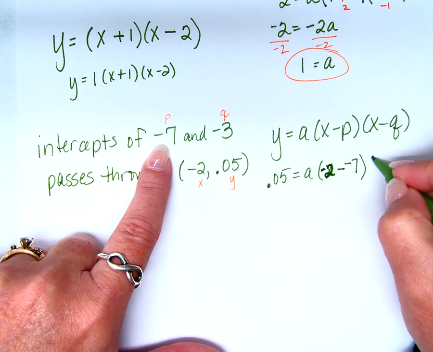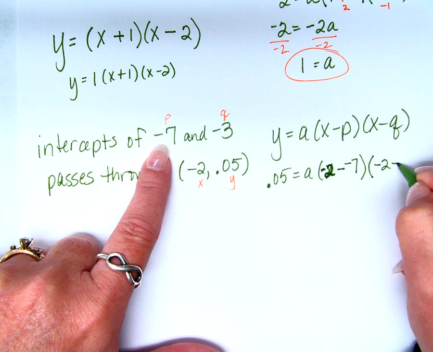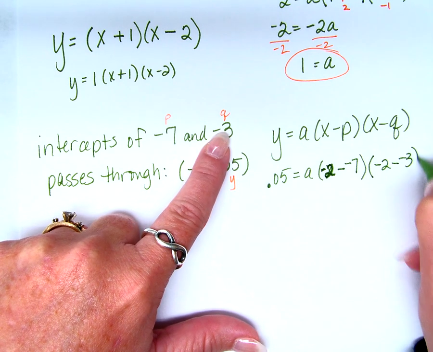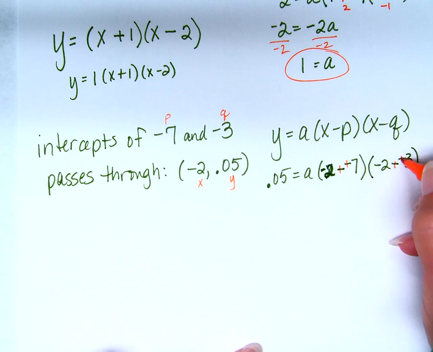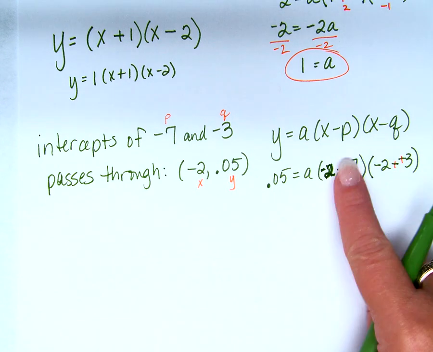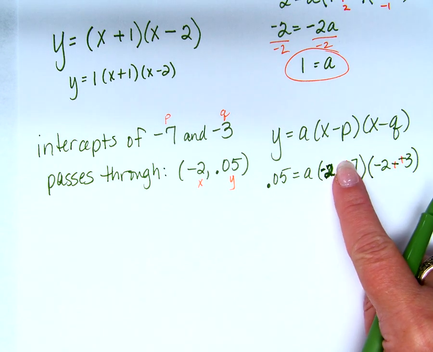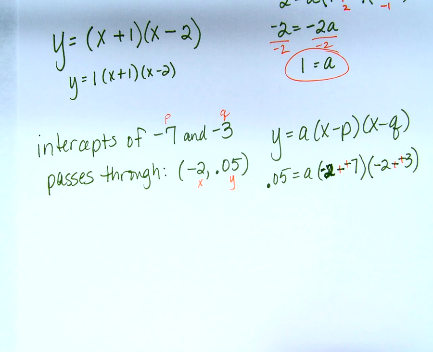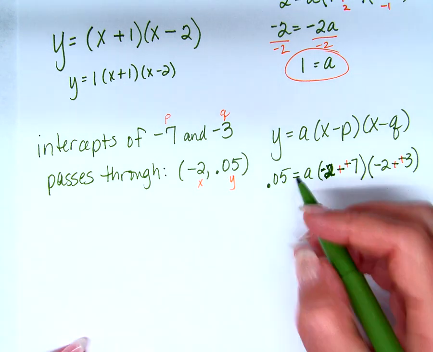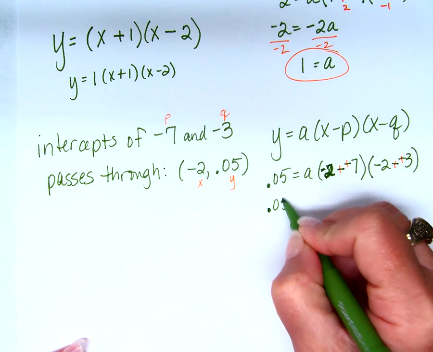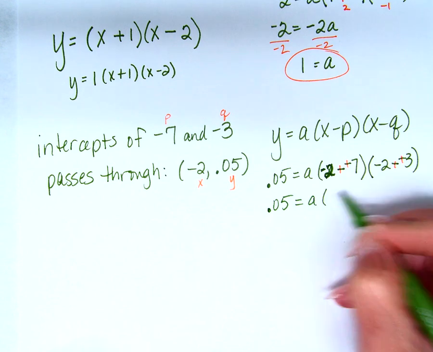I'll go back and fix it in just a minute. Negative 2 minus negative 3. So what am I going back to fix? The minus 7. Now, can some of you go straight there to plus without having to do that? Good. If you can, good. I'm just making sure I'm not losing anybody. 0.05 equals a times what?